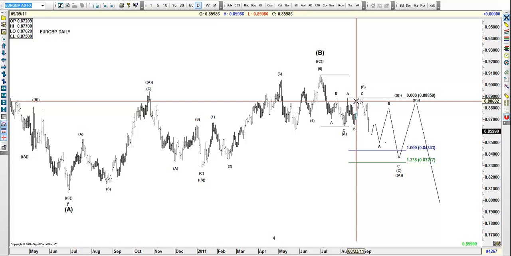We believe that all the euro group pairs are going to get weak at the beginning of the week, and sometime during the week the euro group is going to bounce. So tomorrow in the seminar we're going to cover the euro index and other stuff a little deeper. I don't want to get into too much repetition.